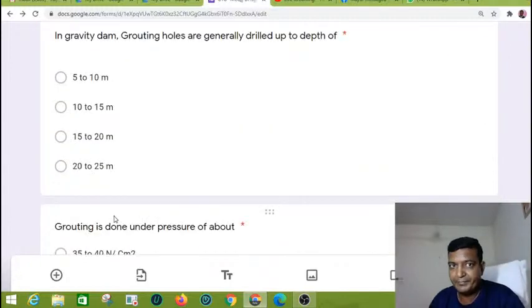In gravity dam, grouting holes are generally drilled up to depth of 5 to 10 meter, 10 to 15 meter, 15 to 20, or 25 to 30 meter. Just think logically and put up your opinion.